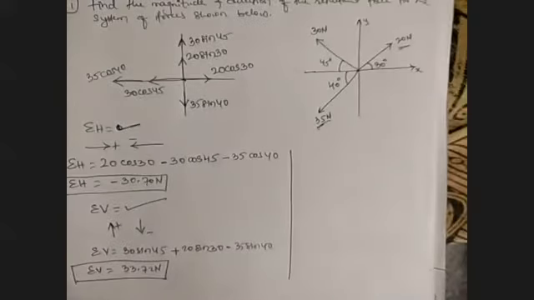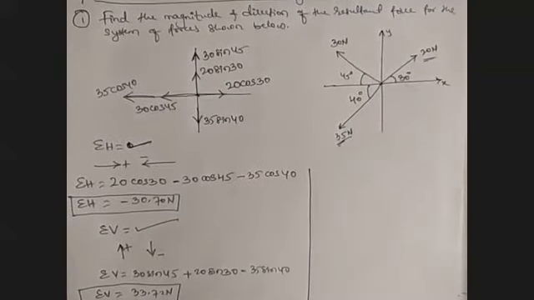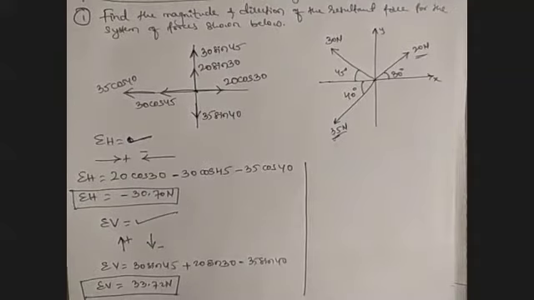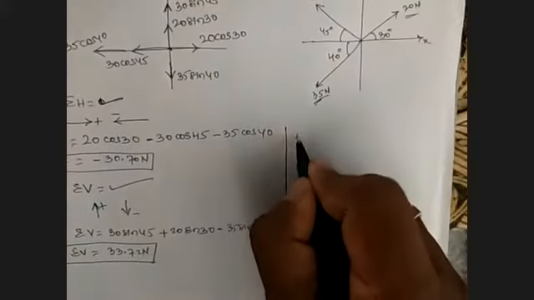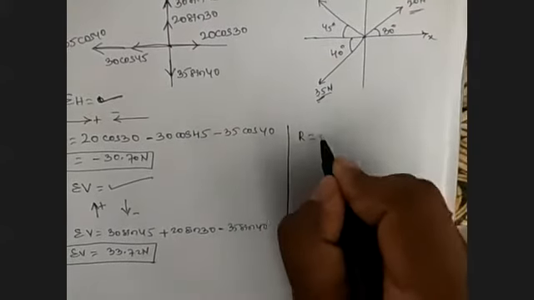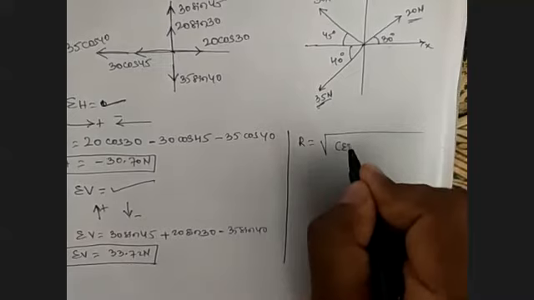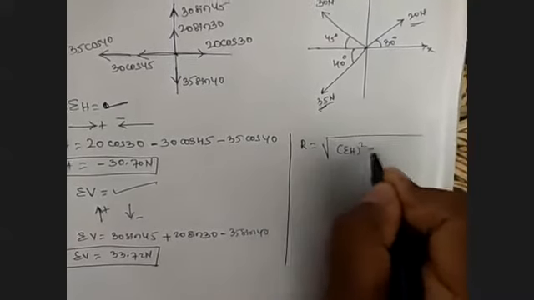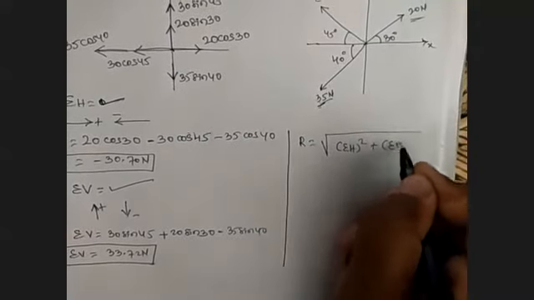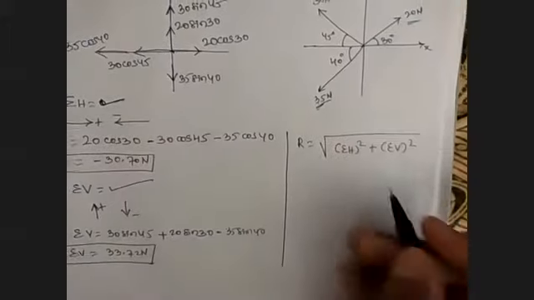The question asked is not to calculate the horizontal or vertical component. The question asked is to find out the resultant. Now to find the resultant, we have a formula. Capital R, R denotes the resultant, is equal to the square root of summation of H whole square plus summation of V whole square.